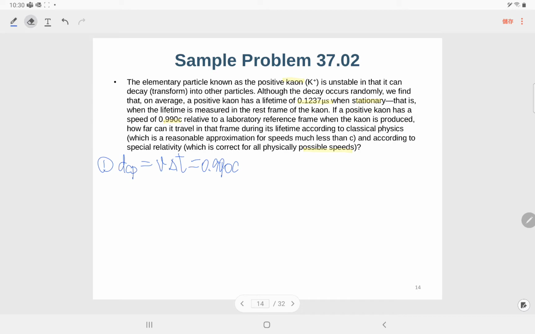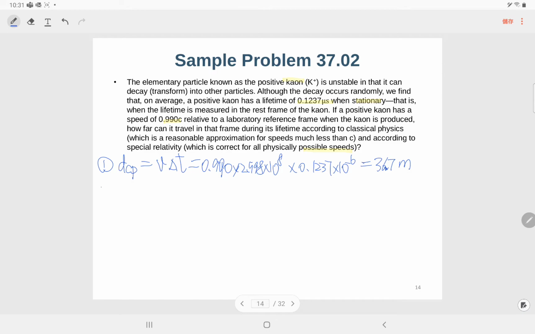Maybe I can just write it out. c is 2.998 times 10 to the 8 meters per second. So this is the v, and delta t is 0.1237 times 10 to the minus 6 second. So it is like 36.7 meters.